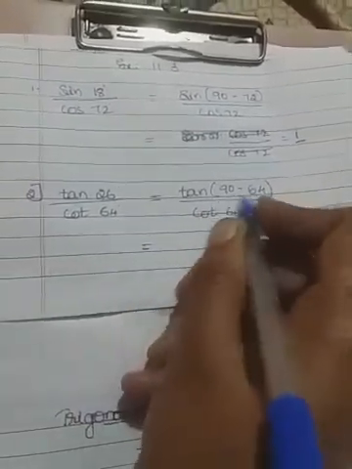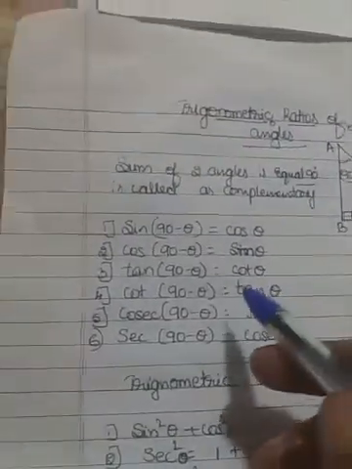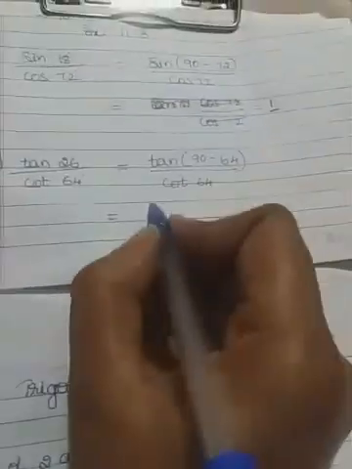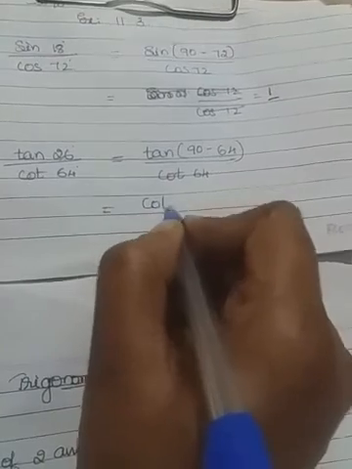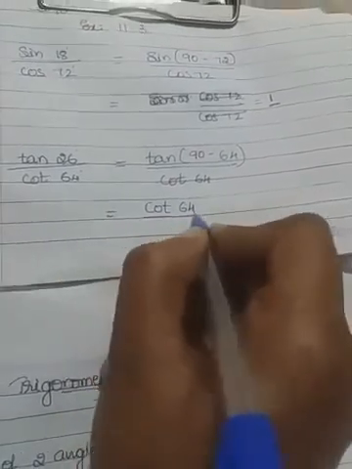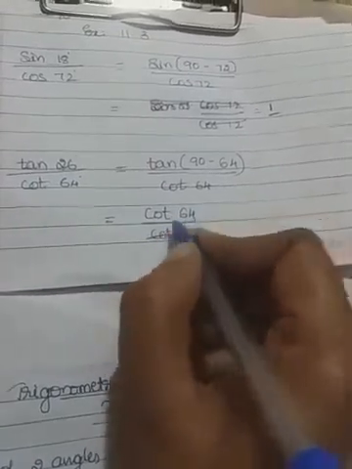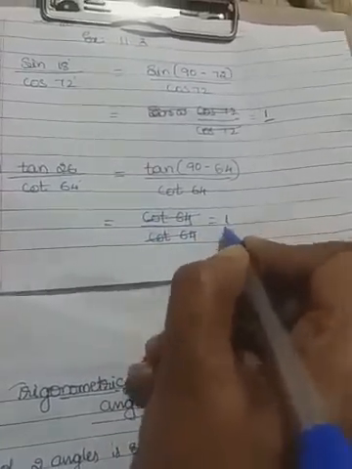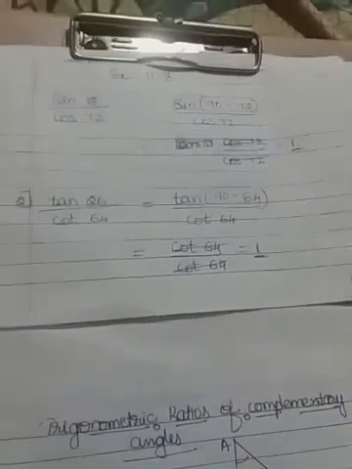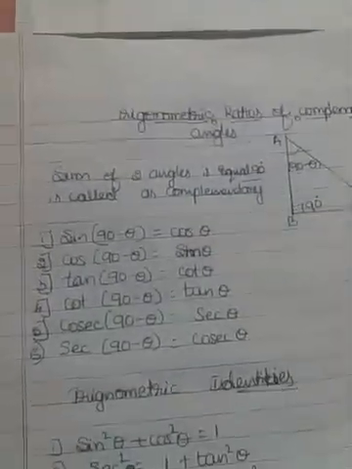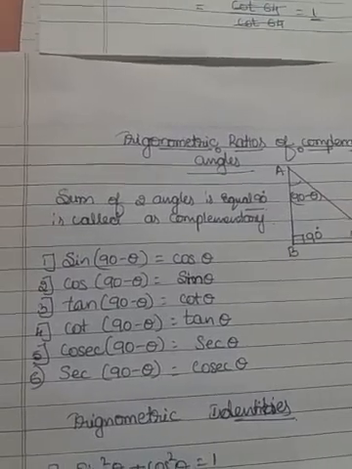Tan 90 minus theta becomes cot theta, where theta is 64, so we can write cot 64 divided by cot 64. Cot 64 gets cancelled and the answer here is also 1. The same method works for everything. Students, to solve these sums you have to learn these trigonometric ratios, that's very important.